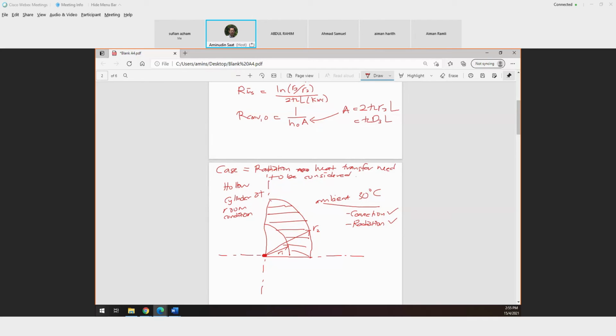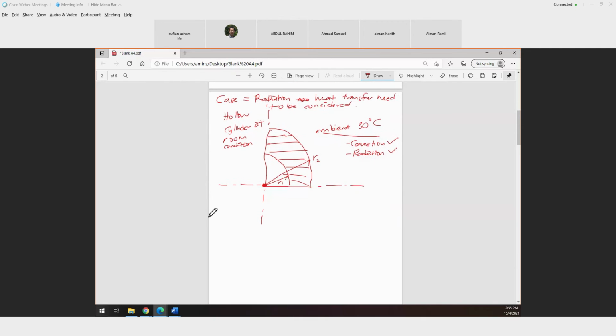If you draw the thermal resistance, let's say I try to extend this. So this is your schematic diagram. The next one, your thermal resistance diagram.